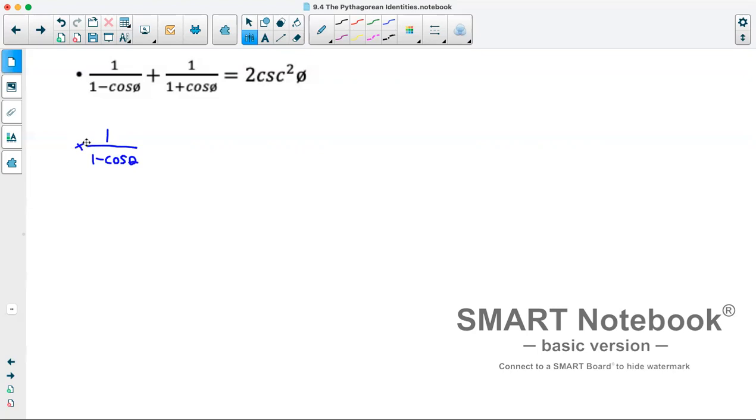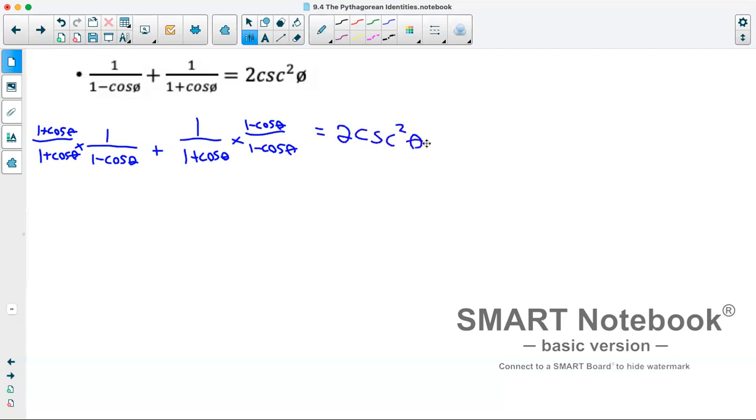I'm going to be multiplying that by 1 plus cos theta over 1 plus cos theta. And I've got plus 1 over 1 plus cos theta. I'll multiply that by 1 minus cos theta over 1 minus cos theta. And that's equal to 2 cosecant squared theta.